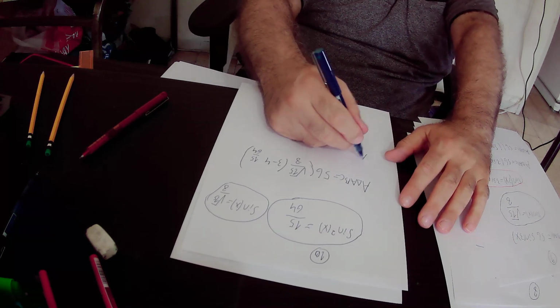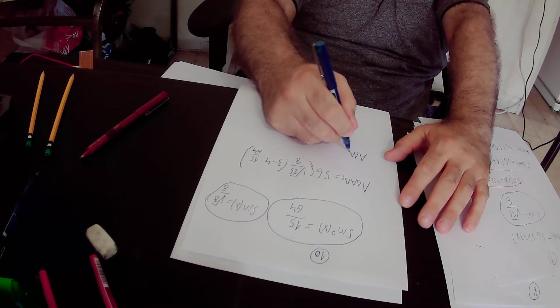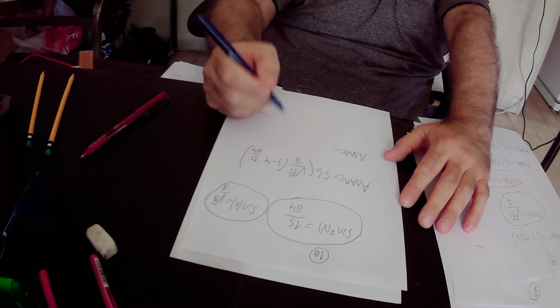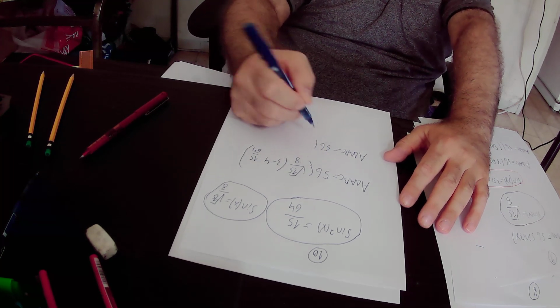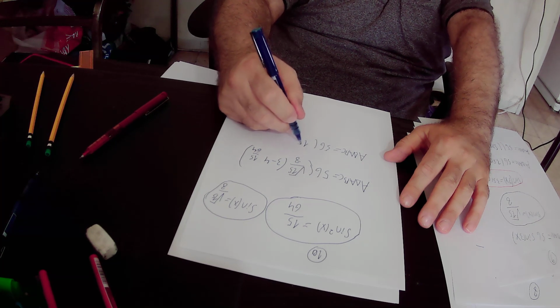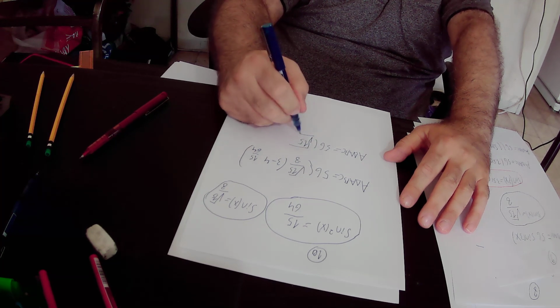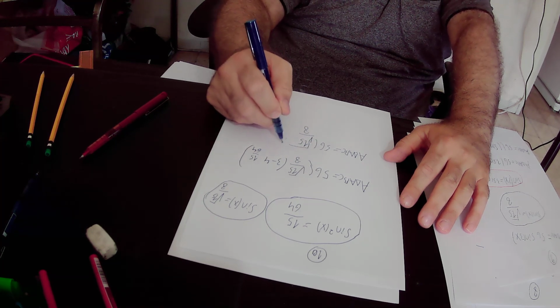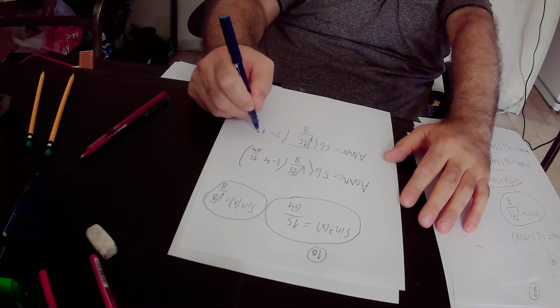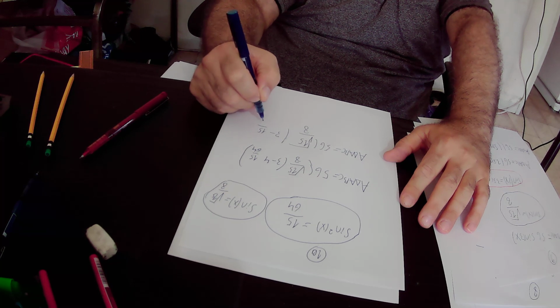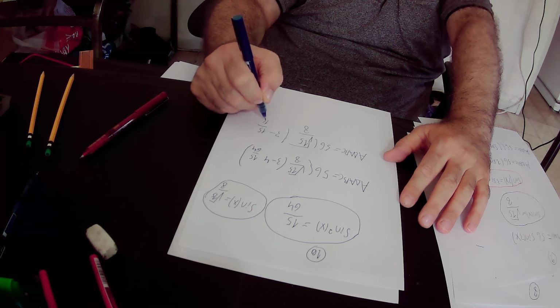So the area of triangle ABC will be equal to 56 times root 15 over 8, times 3 minus 15 over 16.